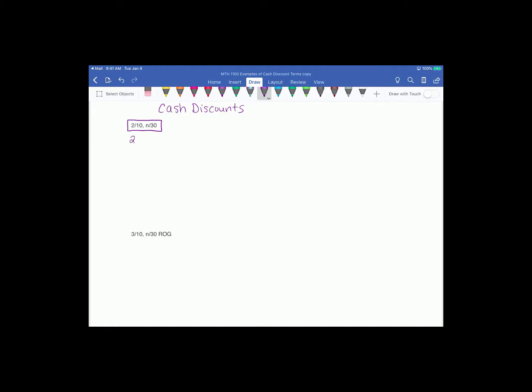If you see 2/10, that 2 means you get an additional 2% discount on top of a possible trade discount if you pay within 10 days of the invoice date.